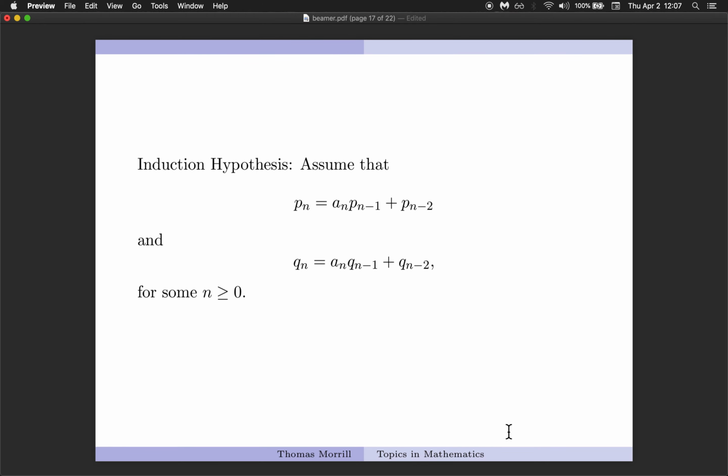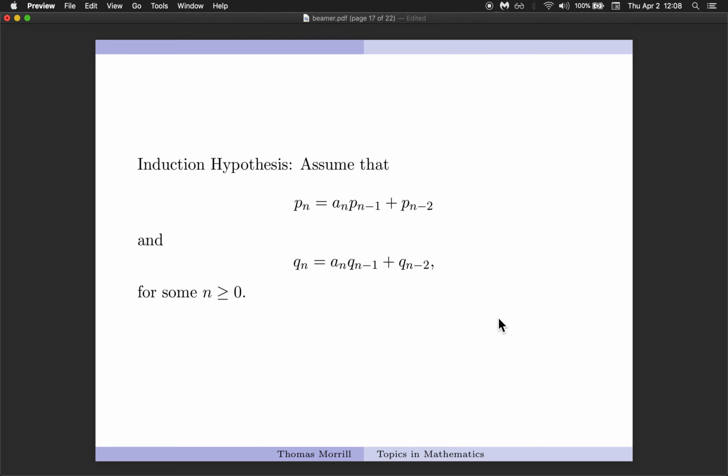In my induction hypothesis, I'm going to assume that this formula for the recursion actually does work. So you can check this for n equals 1. Do I get a1 times p0, a1 times q0, and so on?